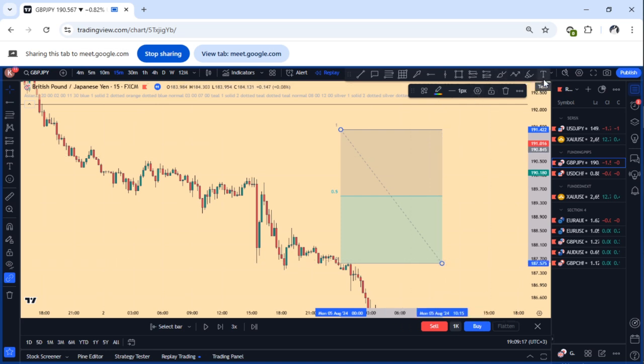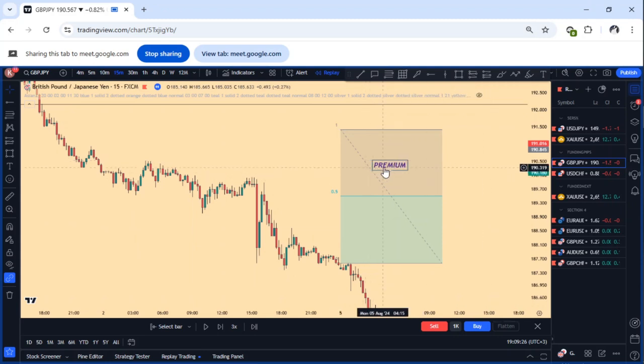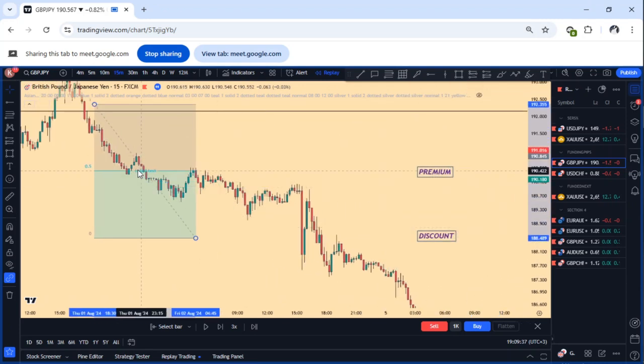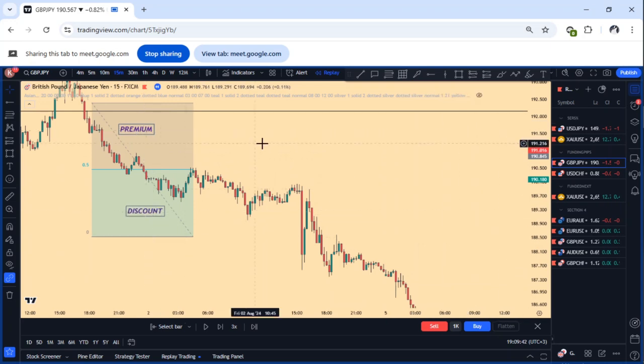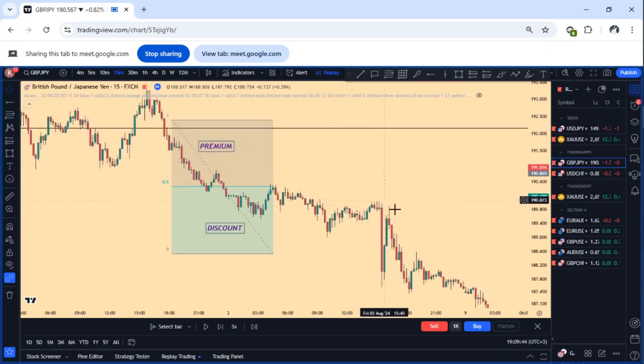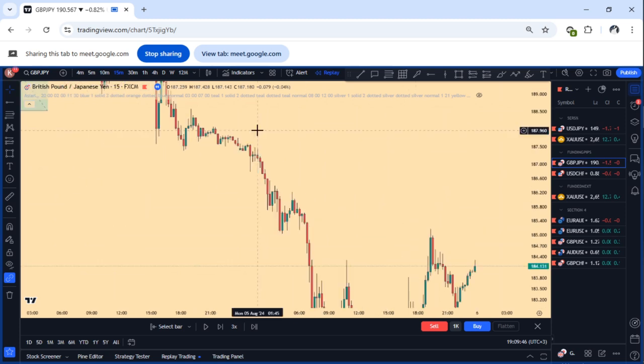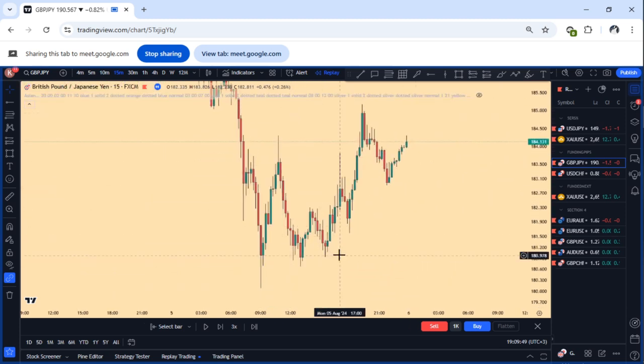This concept of premium and discount from the ICT thing, because when the continuation leg starts, it will disobey all this noise, because everybody will be saying that now this price is really overbought, this price is really oversold, but it just keeps on being oversold until this point.